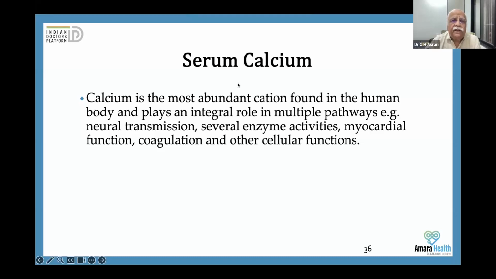Do CRP and ESR both increase simultaneously? See, ESR is not indicative of acute inflammation. CRP is. So I would not do ESR. I would do it for chronic inflammation like tuberculosis or rheumatoid arthritis. How much CRP is dangerous in a normal person?